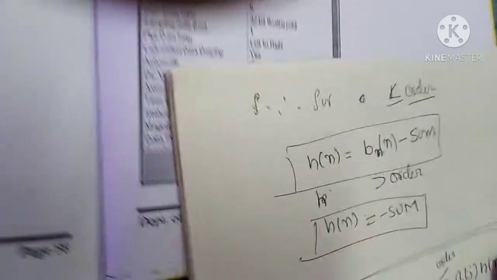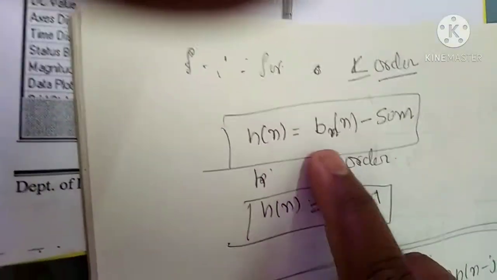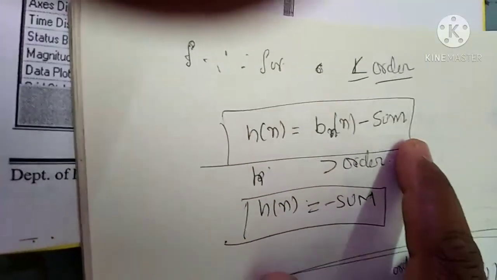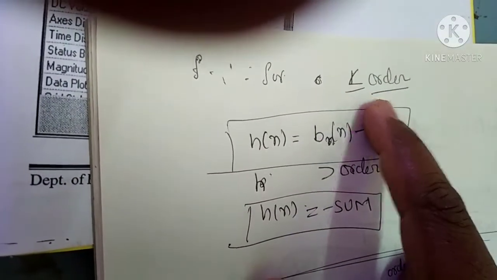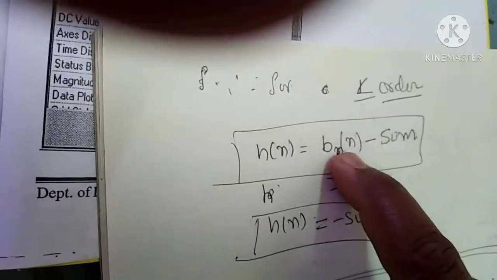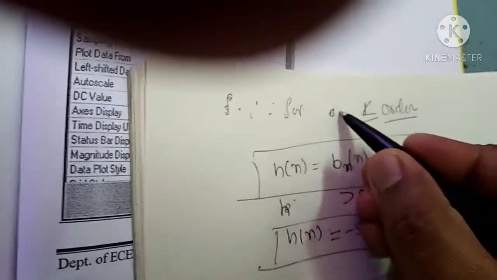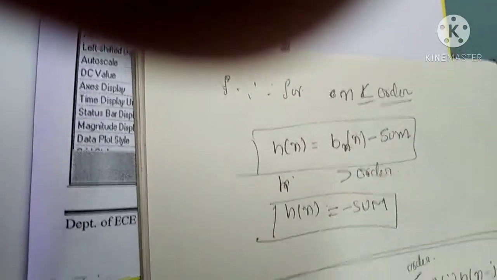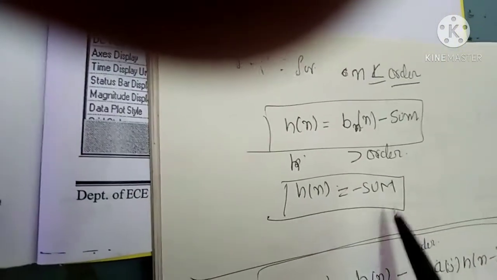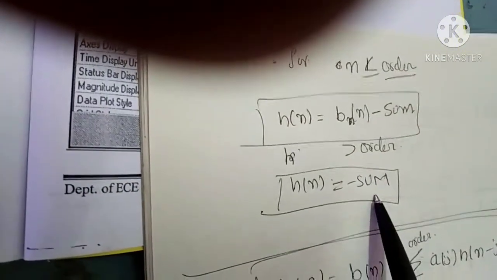Now because of that I can write in general h of n is equal to b of n minus sum, if the value of n is less than or equal to the order. Here the value of n is less than or equal to 1, then this is the case. If the value of n is greater than the order, then only the sum will happen.